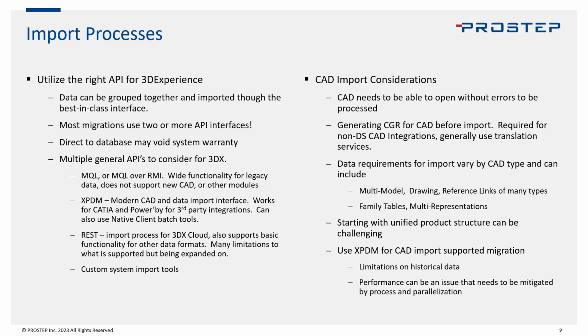And just a special note about the unified product structure, UPS. When you're dealing with the UPS, sometimes you really need to work on merging data that might have different representations created within 3DX. Many source systems might have a design and an engineering BOM, which is a native concept in Windchill and other systems.